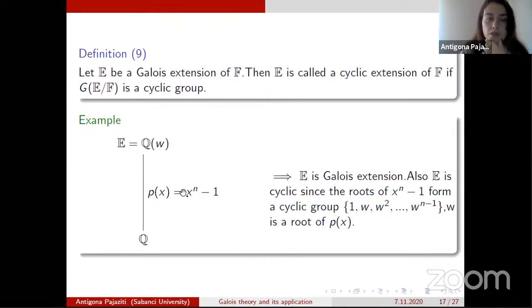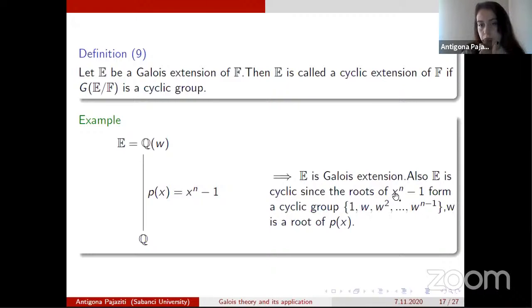It is separable because all of the roots, as we can see here, 1, w, w^2, till w^(n-1), are distinct from each other. So E is a Galois extension. And as we see, this group, 1, w, w^2 till w^(n-1), is a cyclic group because it is generated by one of the roots, w. So this extension is a cyclic extension.